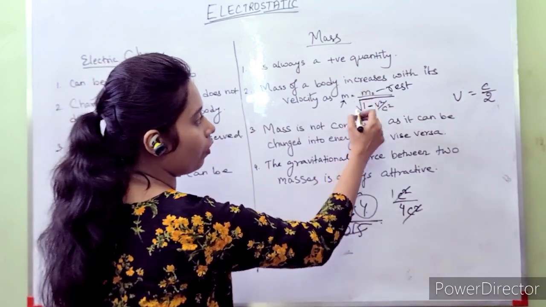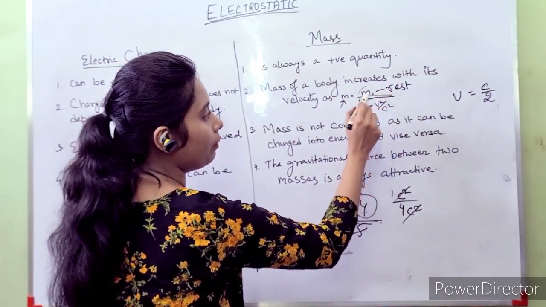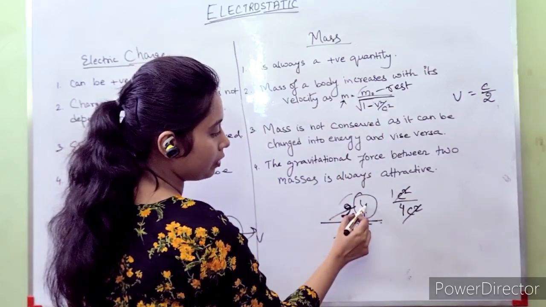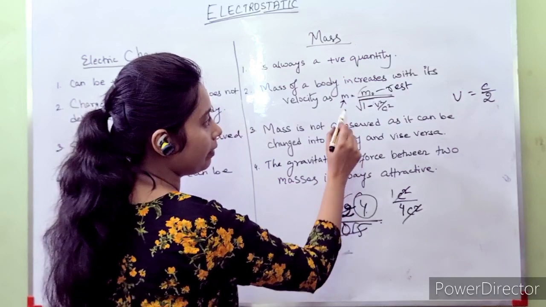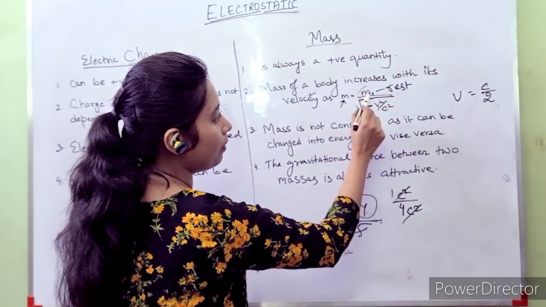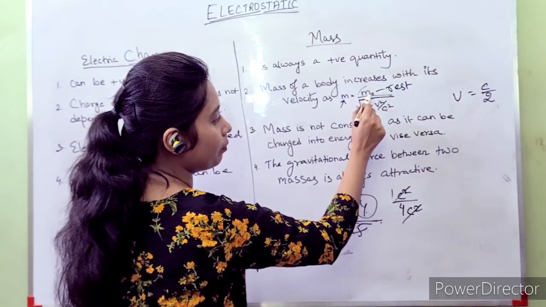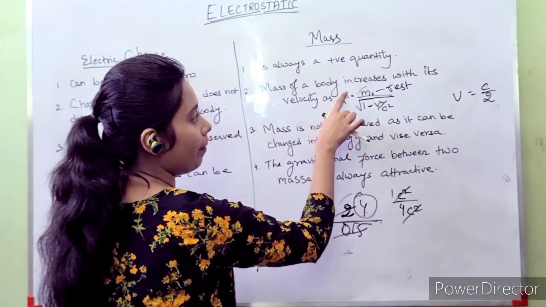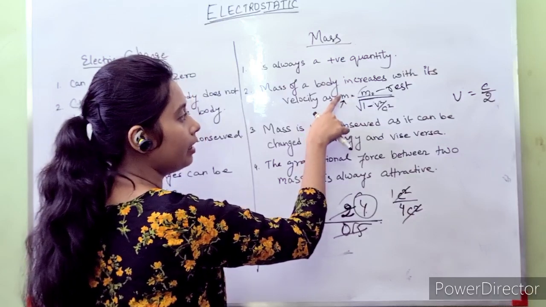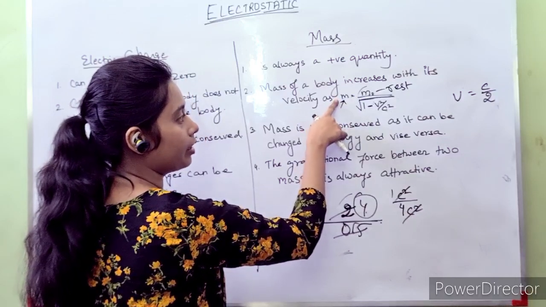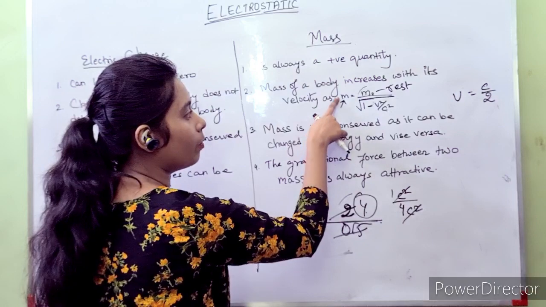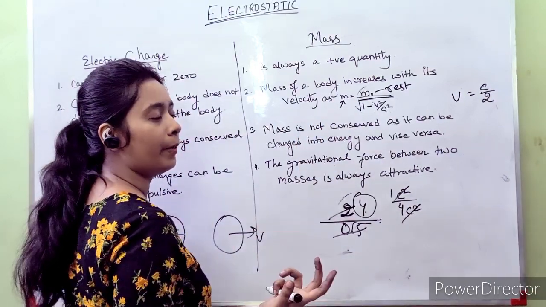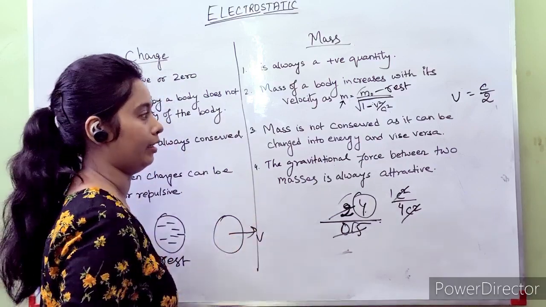That means the overall result will be more than m0. See here, the overall result, that is 4, is more than 2. Same here, the overall result will be more than m0, so there will be some increment in mass. But this is only noticeable in case of quantum particles. All quantum particles move with velocities comparable to the velocity of light.